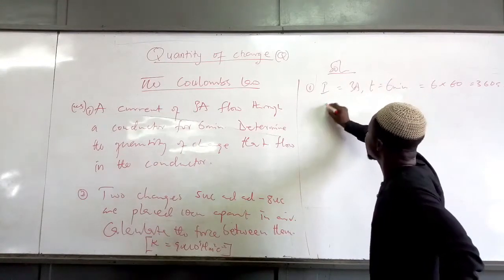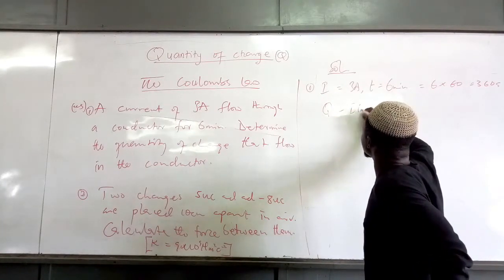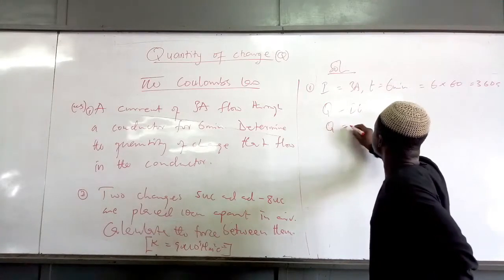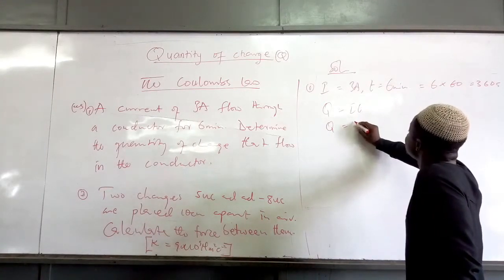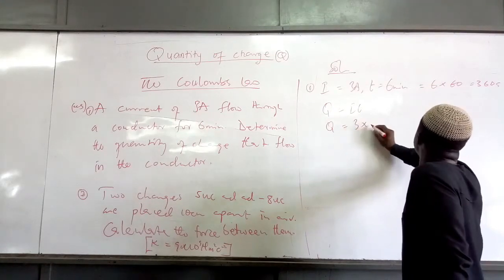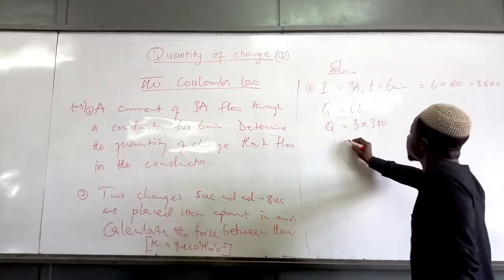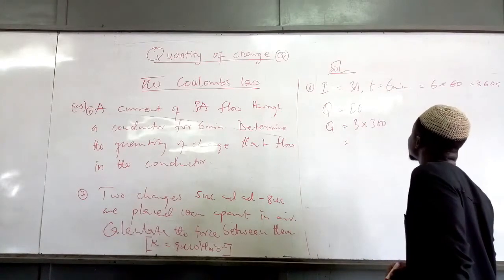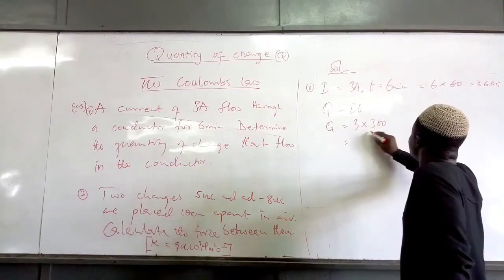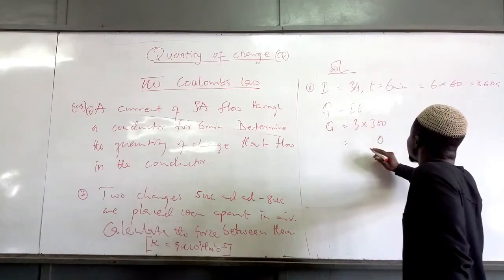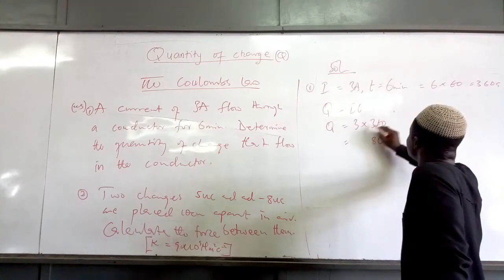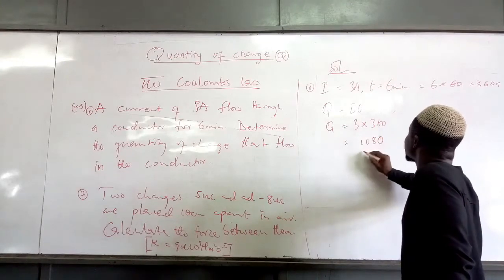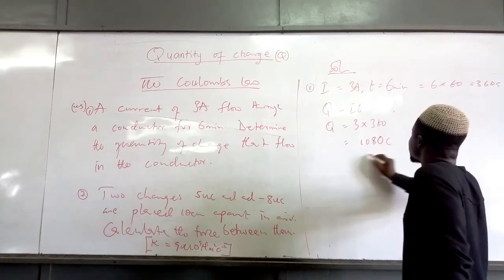So we say that the quantity of charge, Q, is equal to I t. Therefore, Q is equal to the current I, 3 times 360, and that will give us 1080 coulombs.